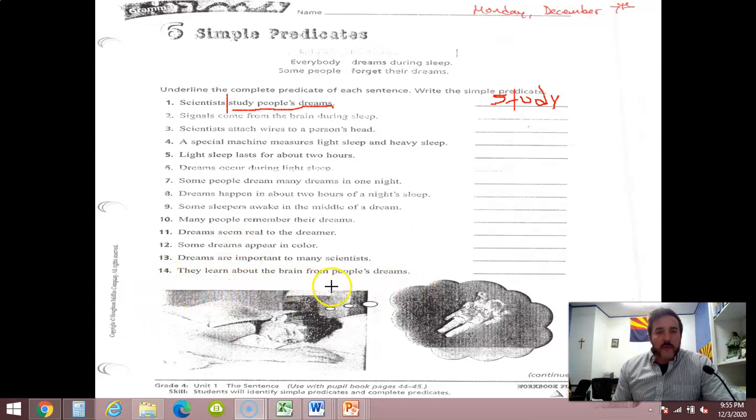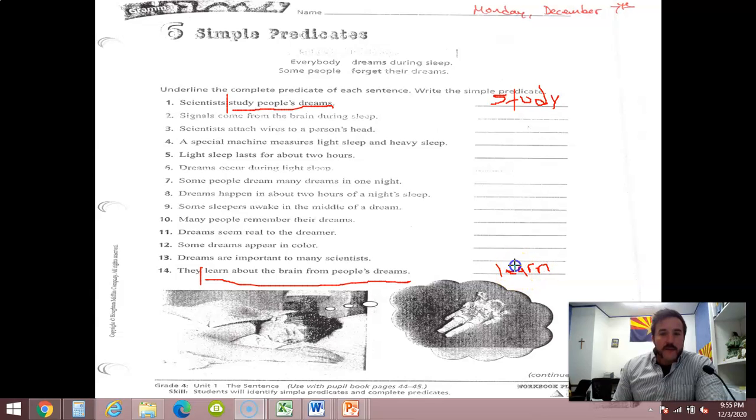They learn about the brain from people's dreams. Who or what did something? They, right? That's it. They. So everything after, until we get to the period, is a complete predicate. Now in one word, what did they do? They learn, right? Ooh, that's a bad E. I'm sorry about that.